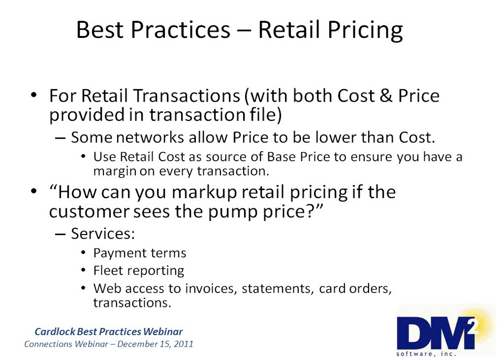But for the transactions for those big outfits like ARCO, where the network cost is actually higher than the price, you may still not be charging enough to cover your cost. So that's why we recommend using retail cost as the source of your base price, and then you will have standard margins that way. Your margins will always be the same. Sometimes you'll be charging your customer less than the retail price, but you will always have a margin that way.